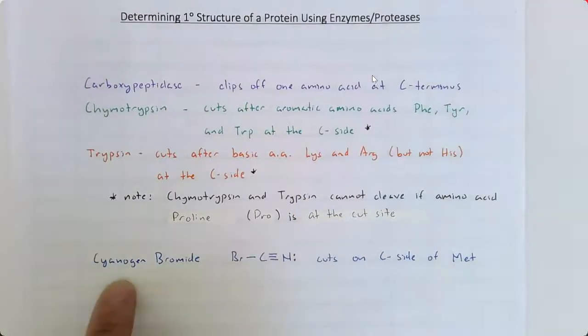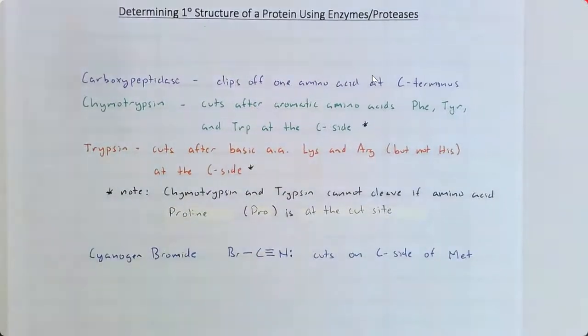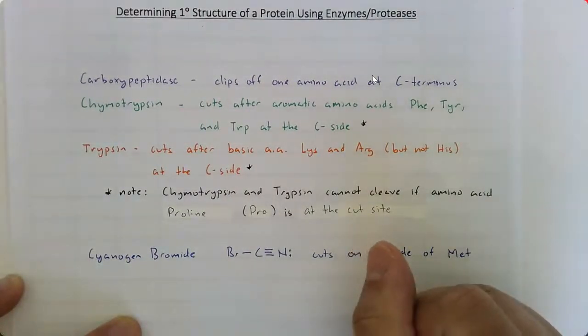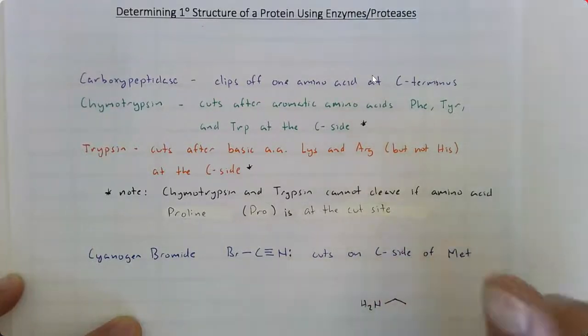We also have one chemical, very interesting, only 3 atoms, and it can do selective cleavage. It's cyanogen bromide, that's the structure, and it cuts on the carboxyl side, or the C side of methionine. Methionine, if you haven't memorized your amino acids yet, has a sulfur in it, but not a thiol.